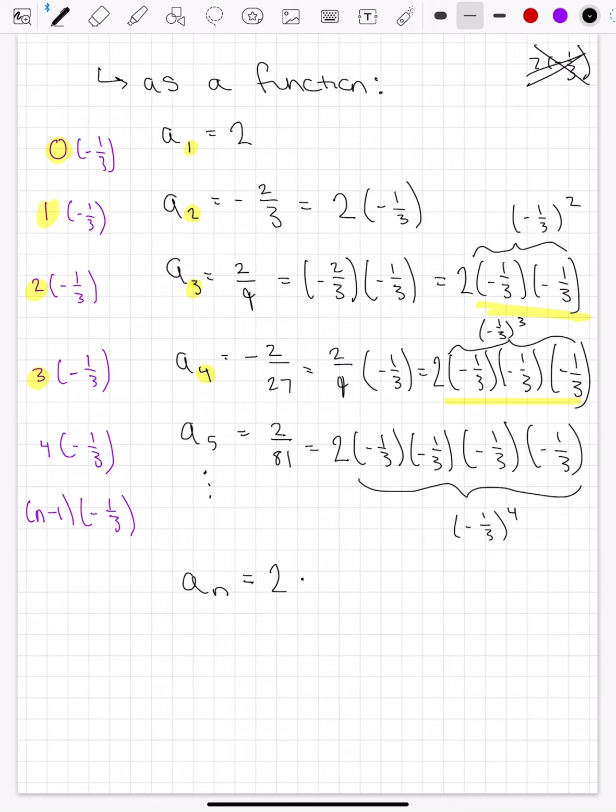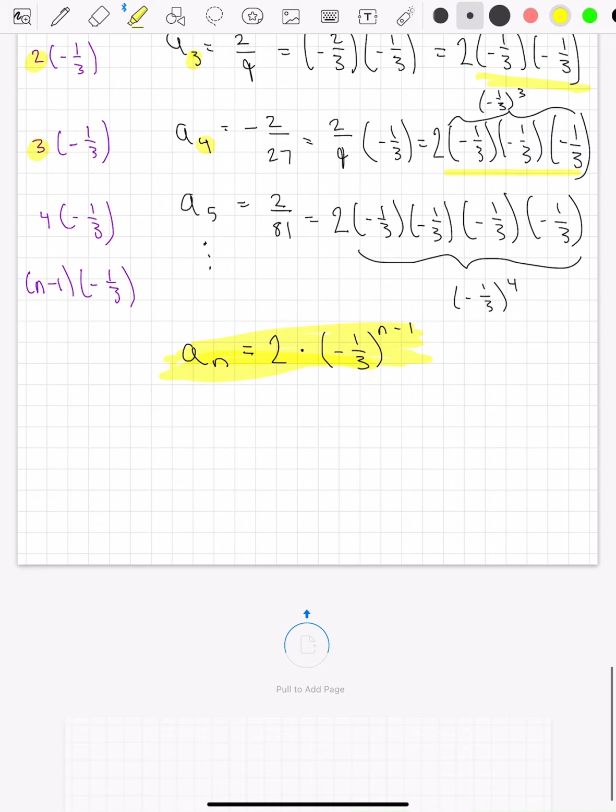So actually n minus 1 is the power of negative 1/3, because this time we're multiplying. So this is negative 1/3 to the n minus 1 power. And that's our function. To do these things, you really have to determine patterns and relationships and try to decompose things as much as possible to help you connect the dots more clearly.